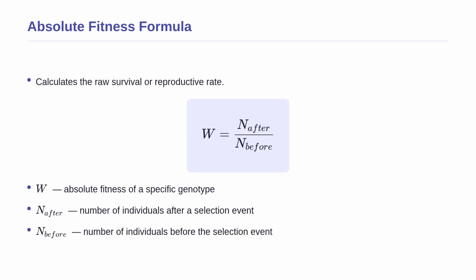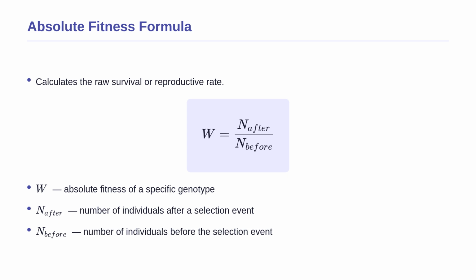To truly understand how fitness works, we must look at the mathematics, starting with absolute fitness. Conceptually, this establishes a baseline for how well a trait performs in the wild. The formula is W equals N after divided by N before. Here, capital W represents the absolute fitness of a specific genotype.